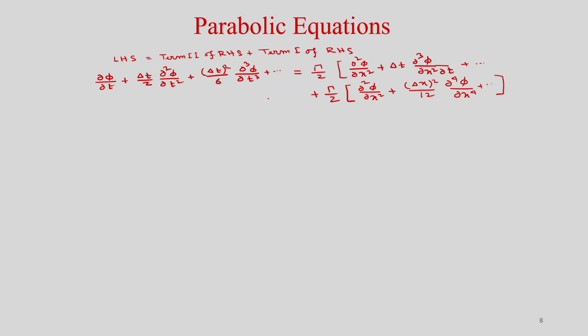So, you can see that our governing equation is del phi by del t is equal to gamma del 2 phi by del x square. Okay. Let us take the time derivative of this equation. So, del 2 phi by del t square you can write as gamma del 2 phi by del x square del t.